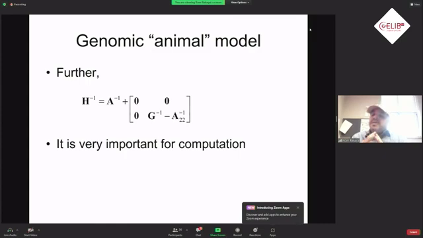Once you get that matrix H, you see now it's not too complicated, at least conceptually, to see that this matrix is A minus 1, which everybody knows how to compute. And if you don't know how to compute it, you can get a subroutine that in a few minutes does a matrix of a million by a million. So that's very simple for us.